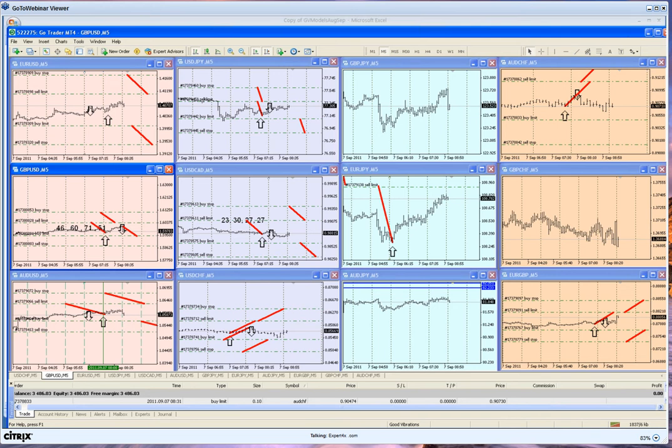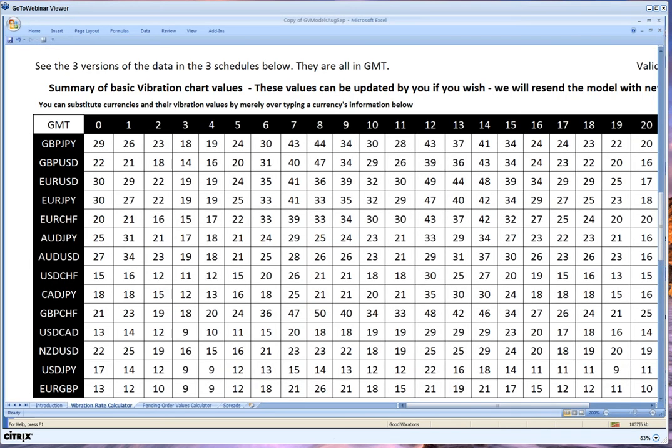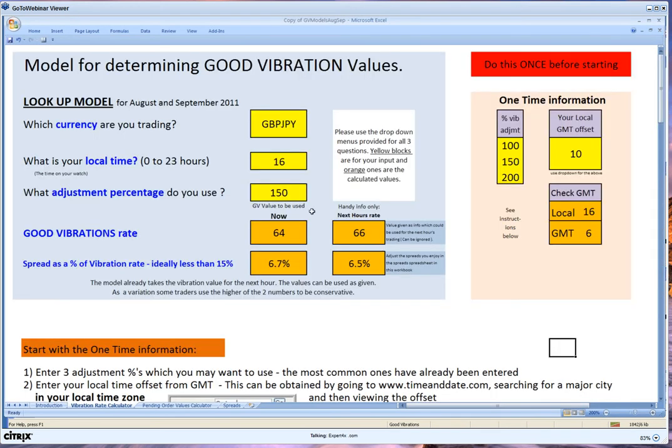Right, let's get back to our tables. Okay, so what this basically does is it extracts the values for you based on your own time zone. I'm in Australia. My time zone is plus 10 on GMT.